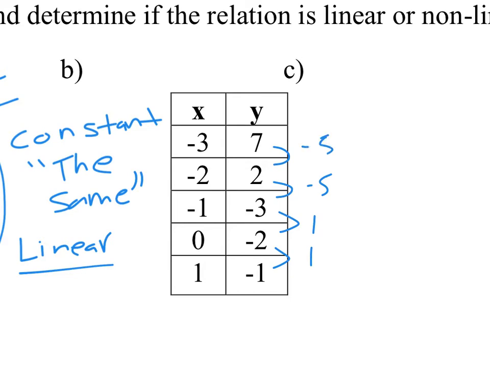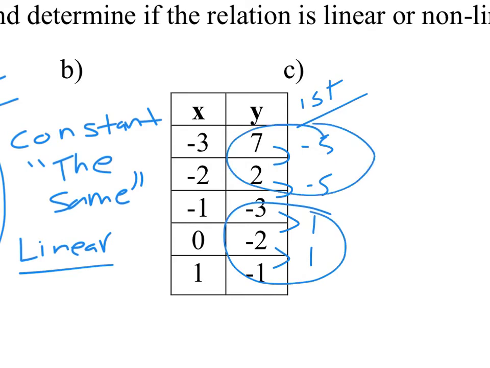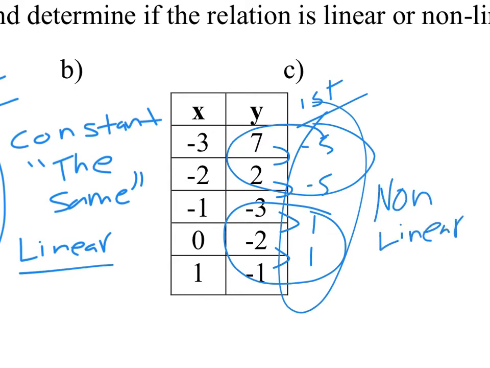Do I have them all being the same in my first difference here? No. These first two are the same, these second two are the same, but they're not the same overall. So is this linear? No. This is nonlinear because they're not constant.